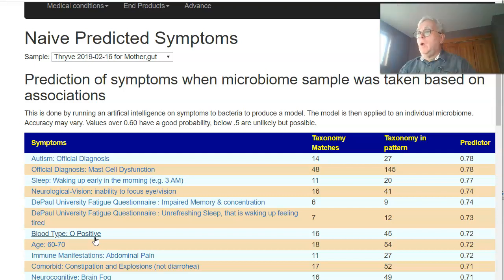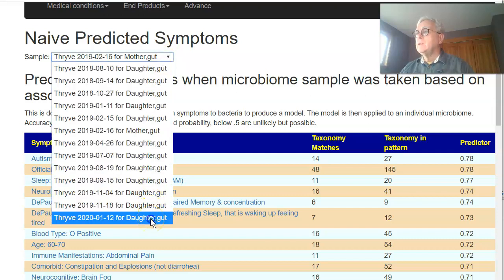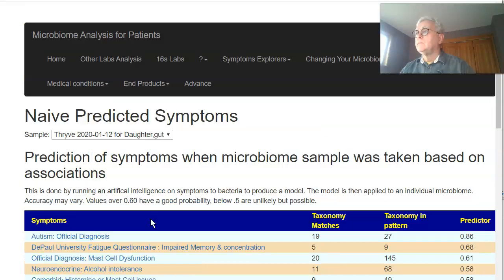Okay. So we now have that autism seems to be a regular pattern. But now let's go and look at the very last sample there.